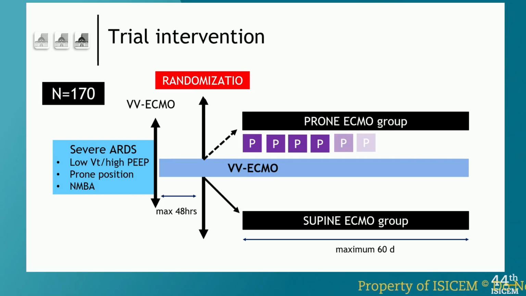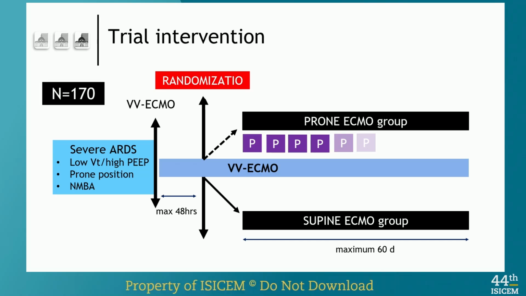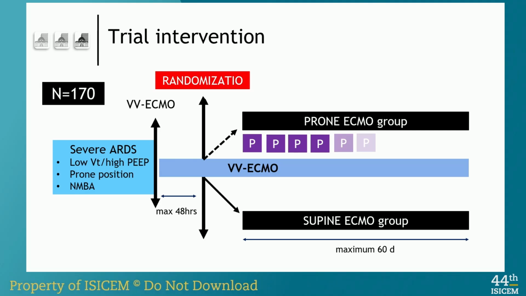Patients were then randomized either to the prone ECMO group, meaning they would receive at least 4 prone positioning sessions early on during the first week of management, or to the supine ECMO group, staying supine until they were weaned from VV ECMO.